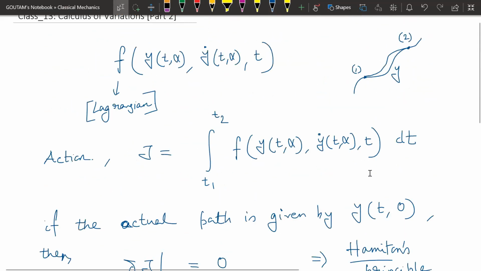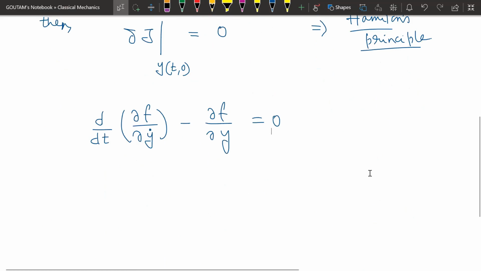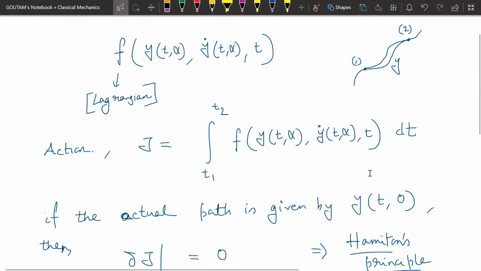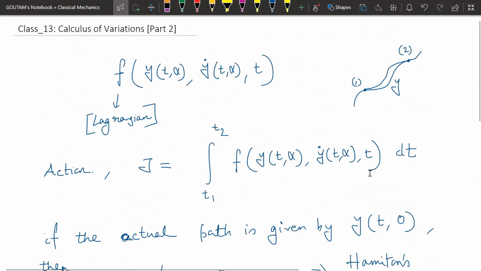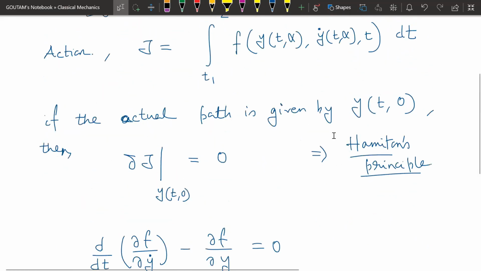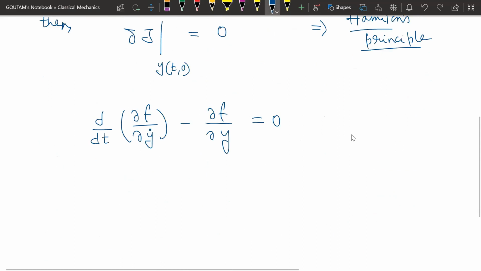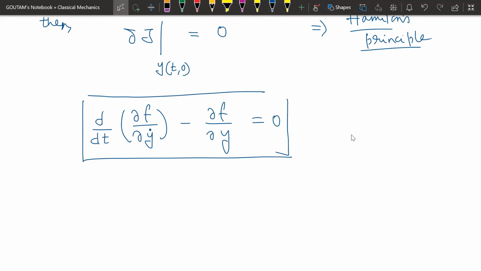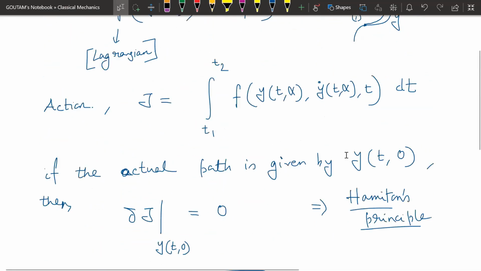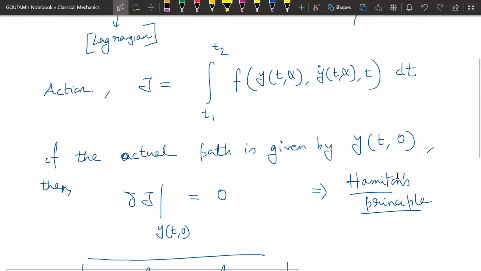So this was the discussion of the last class. Here we will use this equation, this action principle, to solve a few simple problems.